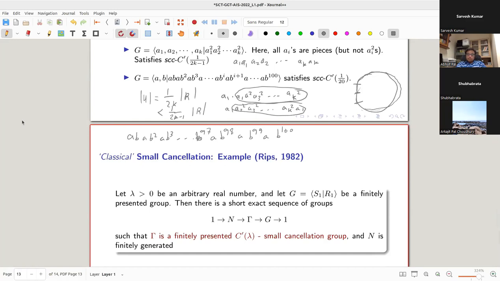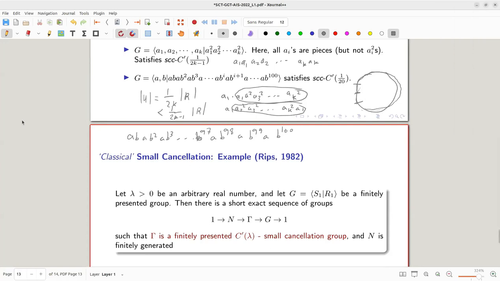We can get bigger pieces also. Yeah, so our focus will be entirely on the bigger pieces, because if I can say that it satisfies this condition for larger pieces, then it will satisfy for the smaller ones as well, right?